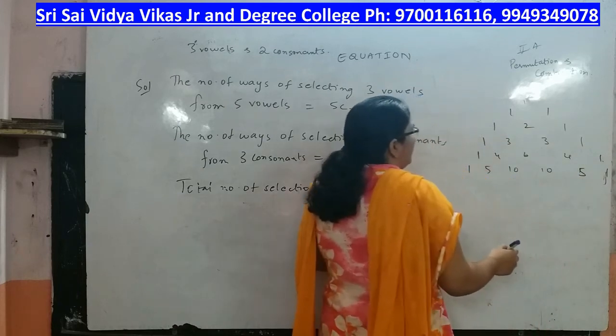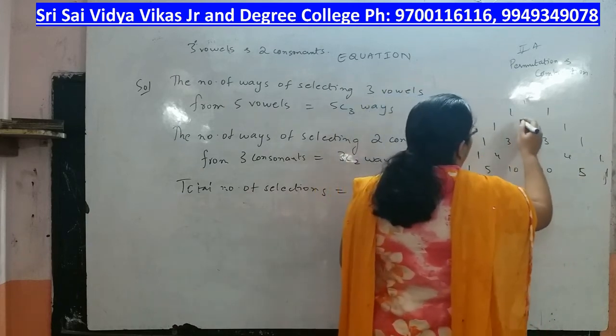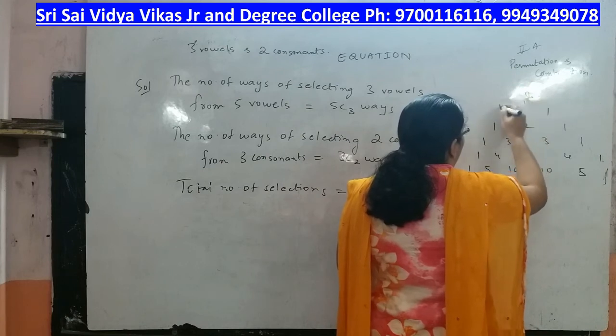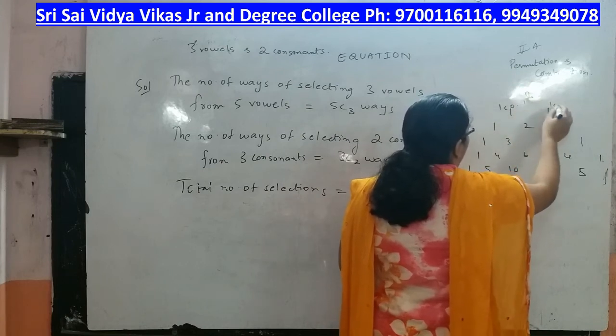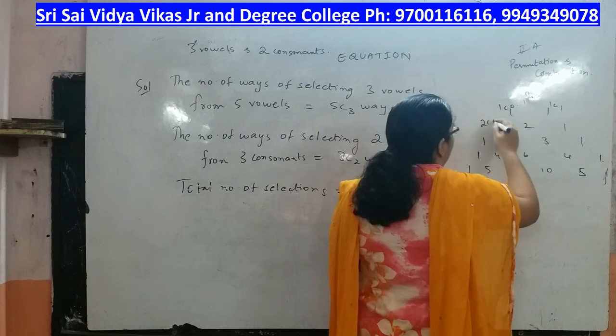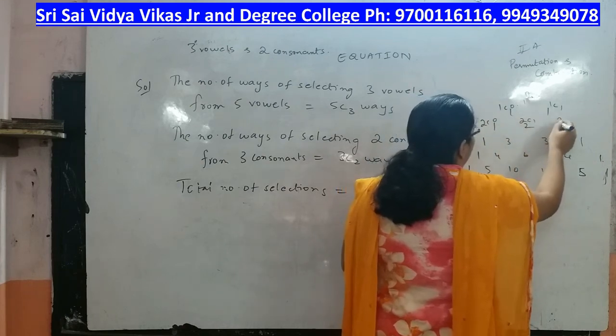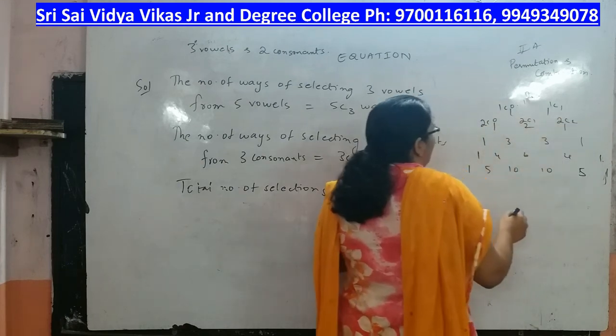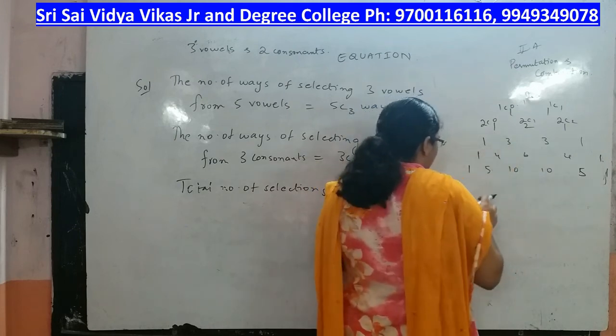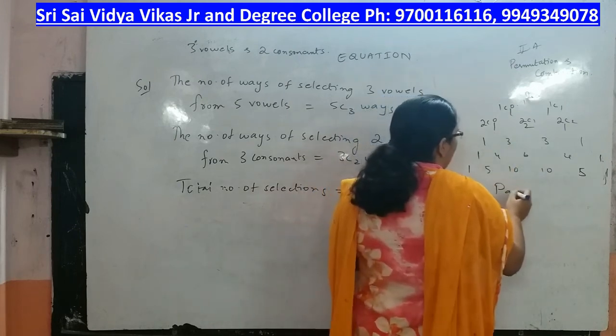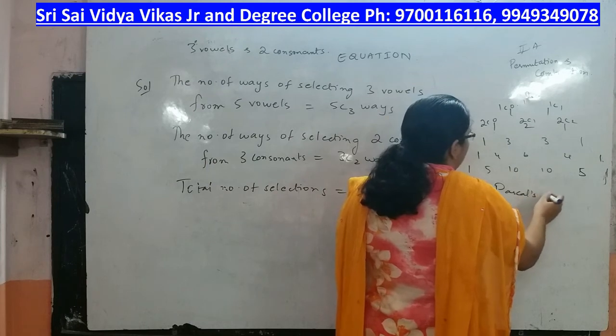This is called Pascal's triangle. This is 0C0, 1C0, 1C1, 2C0, 2C1, 2C2, like that. These are the values. Okay, this triangle is called Pascal's triangle.